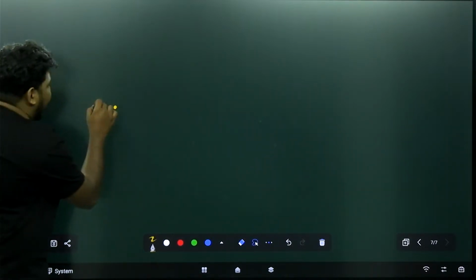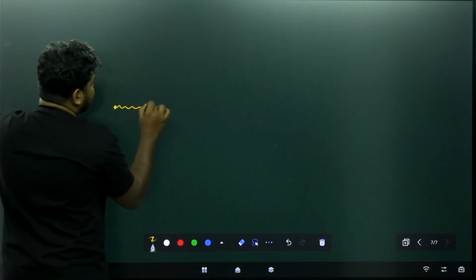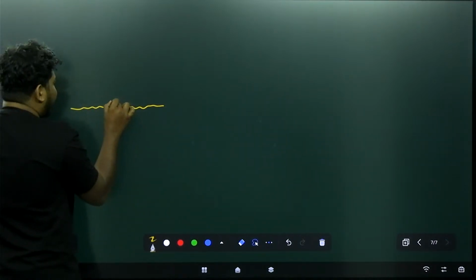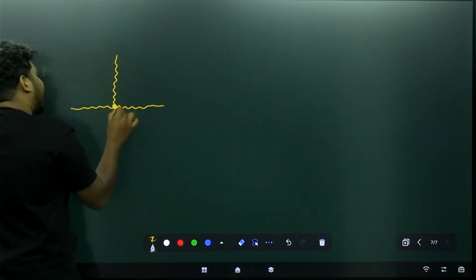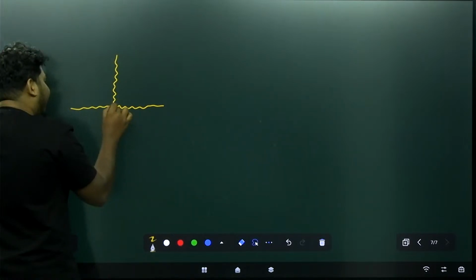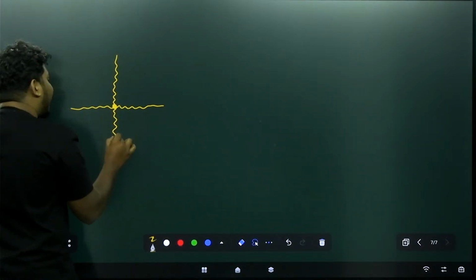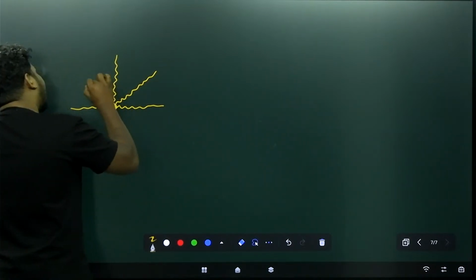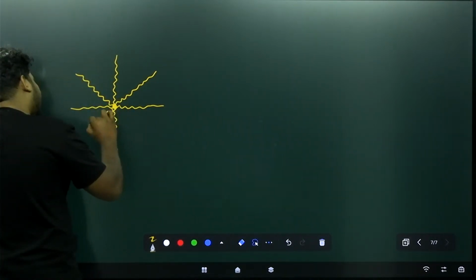Light source means from this point a lot of light waves are coming. Not only one wave is coming from this source, there are many waves coming. Okay, right.